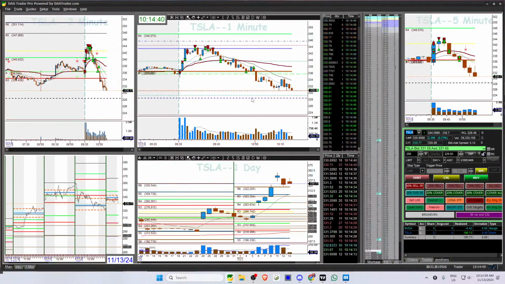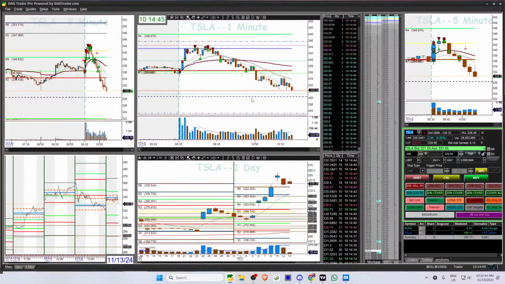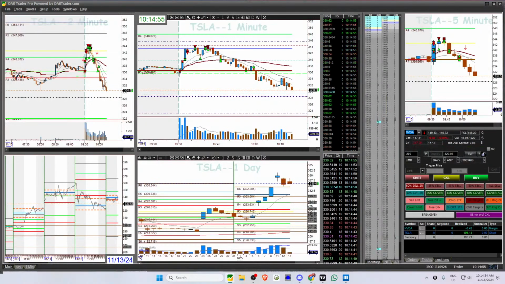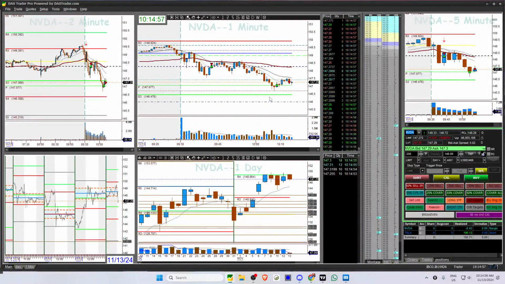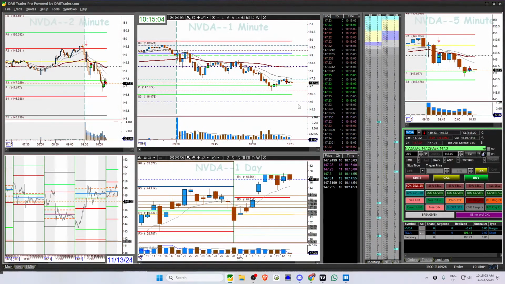Let's see if this buyer holds up or if I get stuffed out. That was actually an early entry for me, but that first candle, I thought it was going to run away. I took a partial and got my stop at break even. My stop's below the low of today and below yesterday's low. That's a good way to play it.